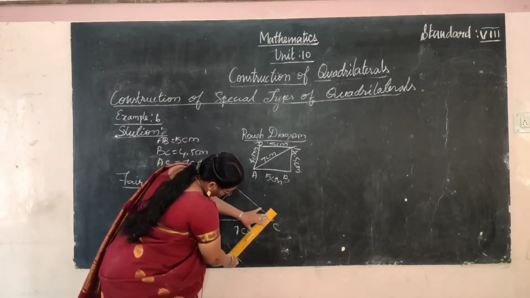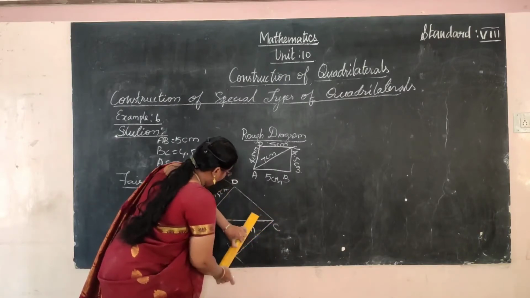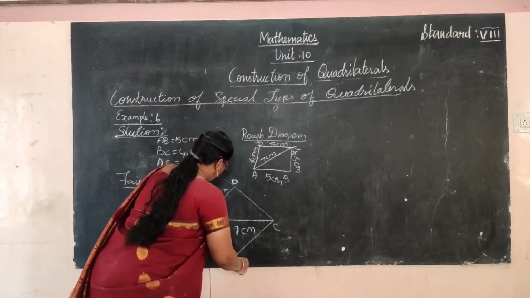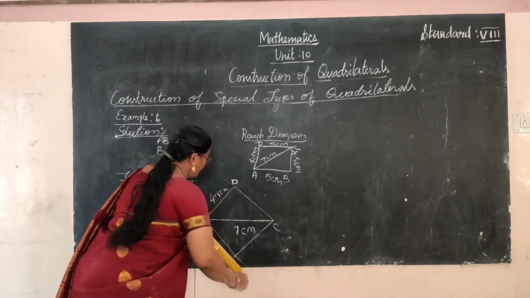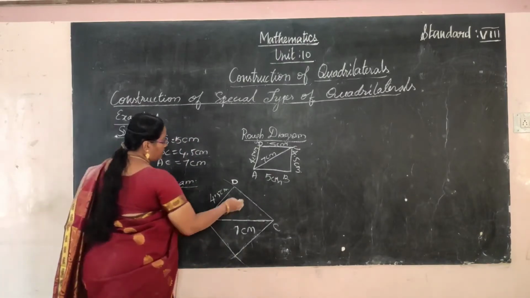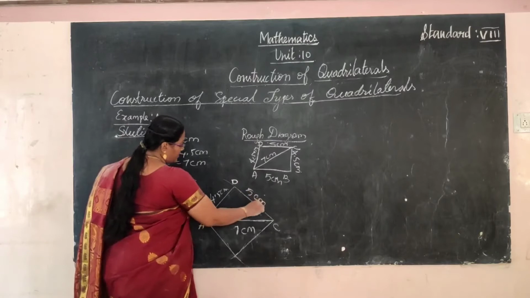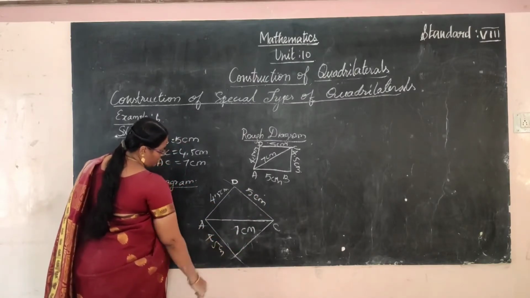Now join the lines from C to B and A to B also. Write the measurements: 5 centimeter, here also 4.5 centimeter.